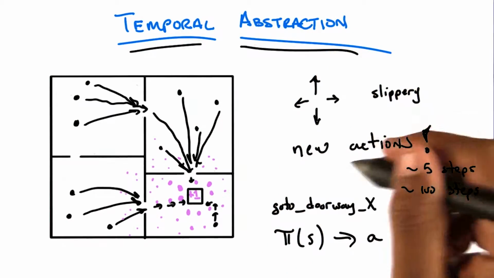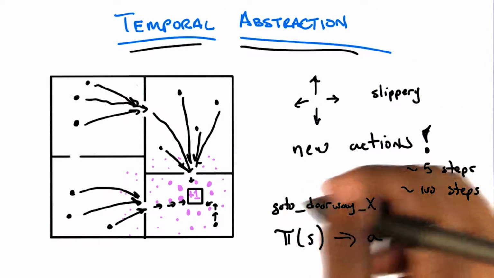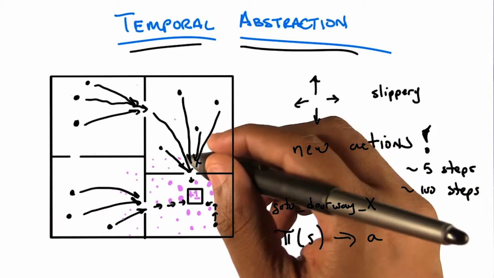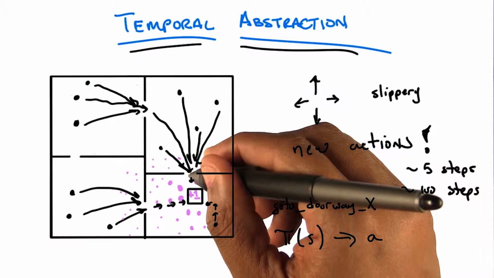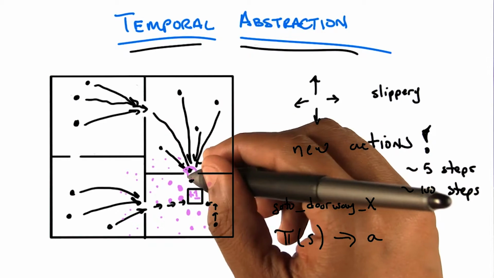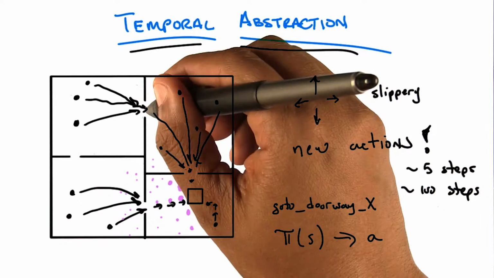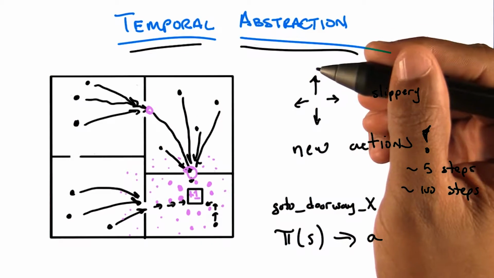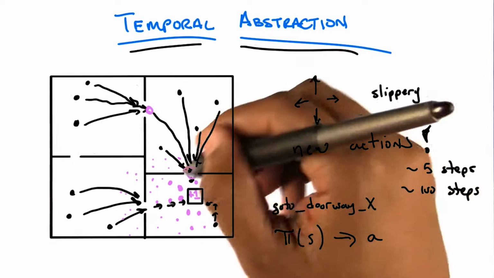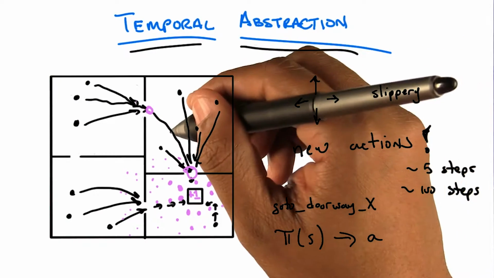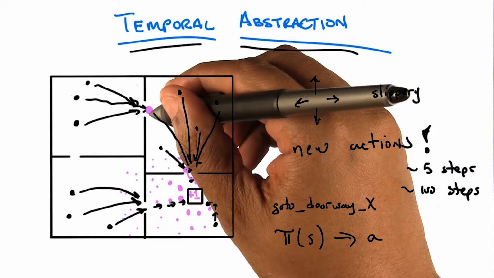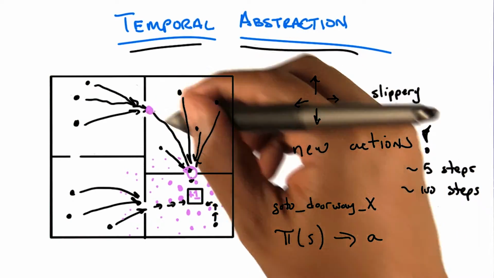But because I have this abstract action, I have this go to doorway, I can actually, from here, from this particular state at the doorway, back up information all the way to here, wherever it is I executed that particular action, in sort of one step. So I learn a lot about the value of being in this state immediately from having taken that and gotten here.